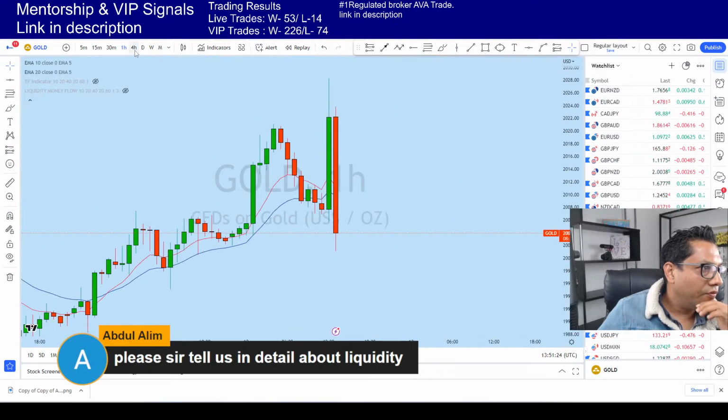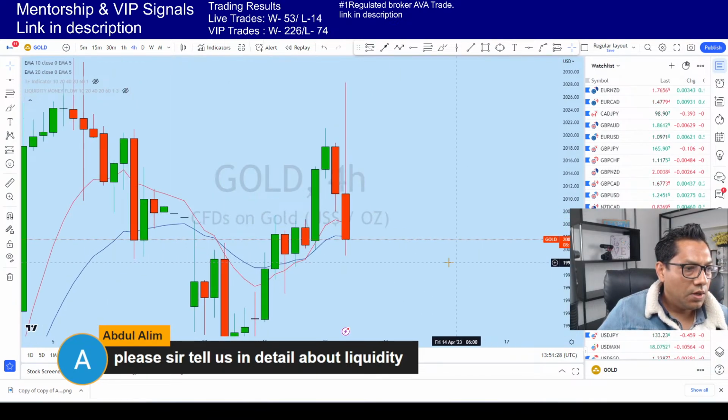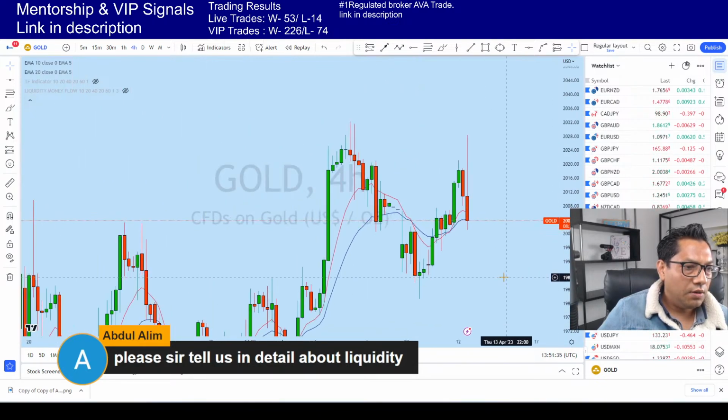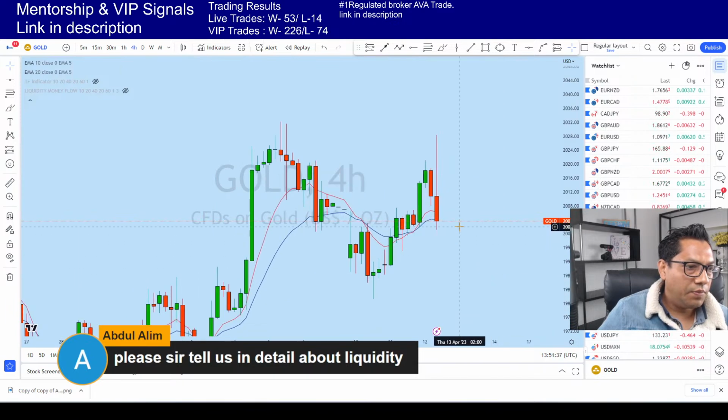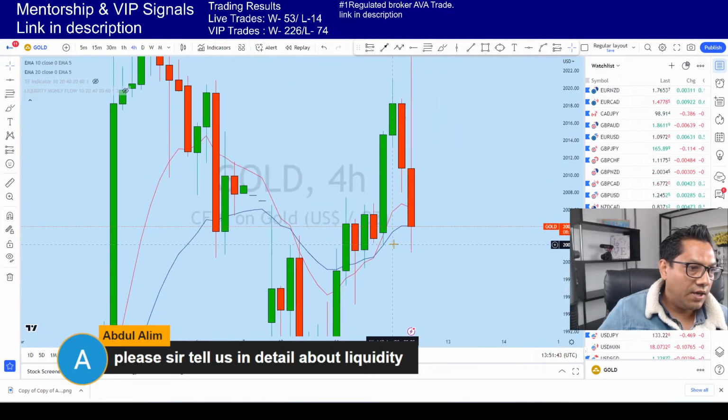Okay, so from the 4-hour on gold, let's see what it is trying to do. I think this candle might go up to close as a doji, and then you could see the market again pushing to the upside. So it grabbed this one's low. You can see this green candle in fact has liquidity from the bottom.